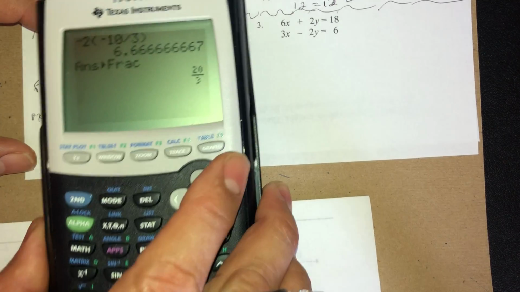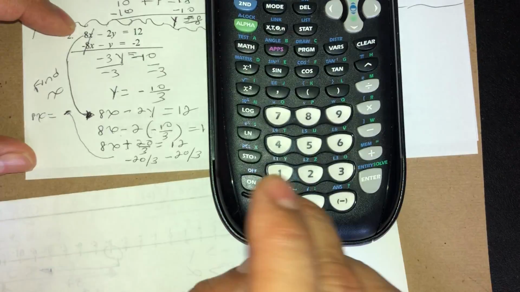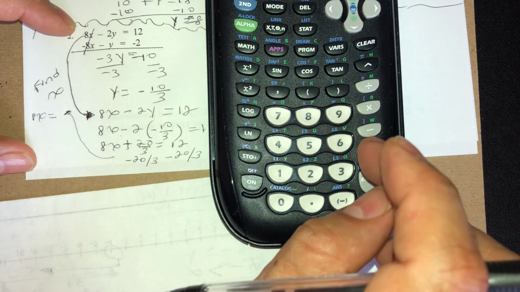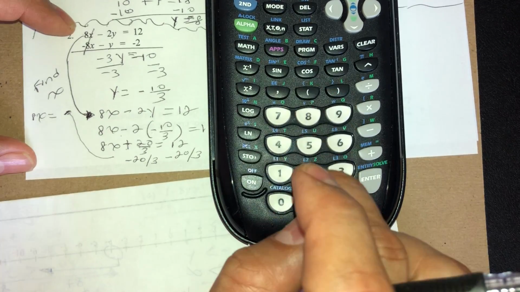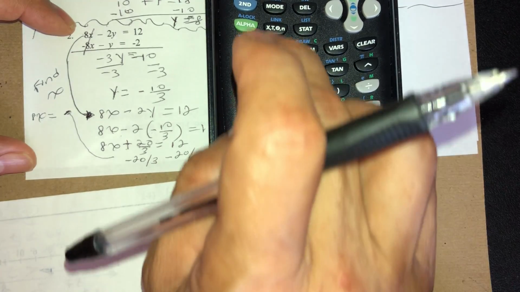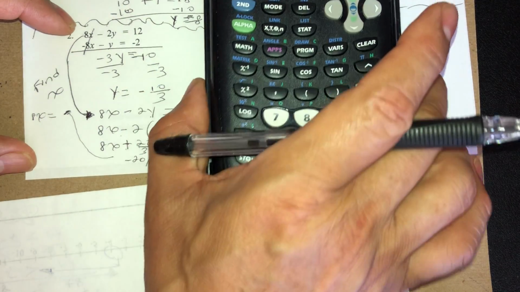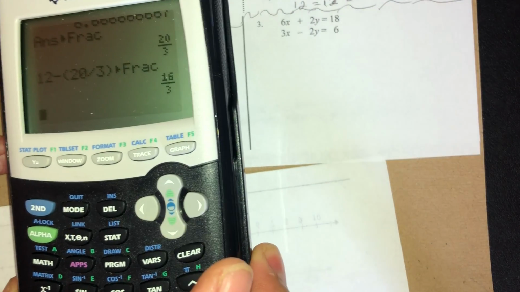Do it the same way I did it before. Let me just write it again here. You're going to do 12 minus parentheses 20 divided by 3 close parentheses, math, enter, enter, and let's see what we get. We get 16 over 3.